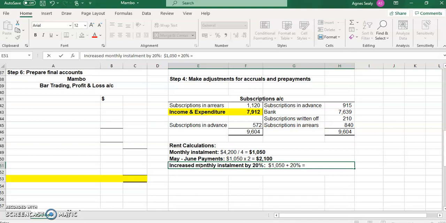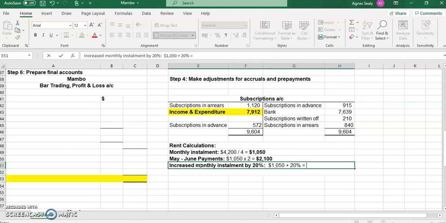So you find the 20% of the $1,050 first, and when you find that 20%, that gives you $210, and then you can add on the $1,050 to find out how much it was for the new monthly installment.